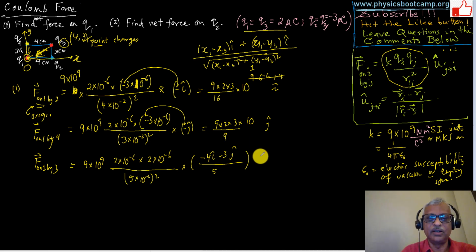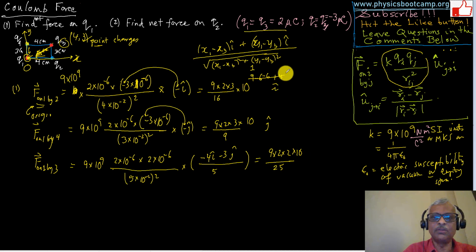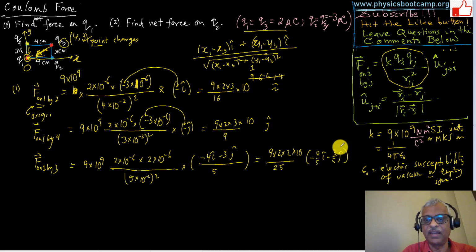So I get, you can see how all of this, the only difference will be over here, 9 times 2 times 2, and this will be 25 instead of 9 or 16 times 10, because everything else will be exactly identical. And this is minus 4/5 i hat minus 3/5 j hat.